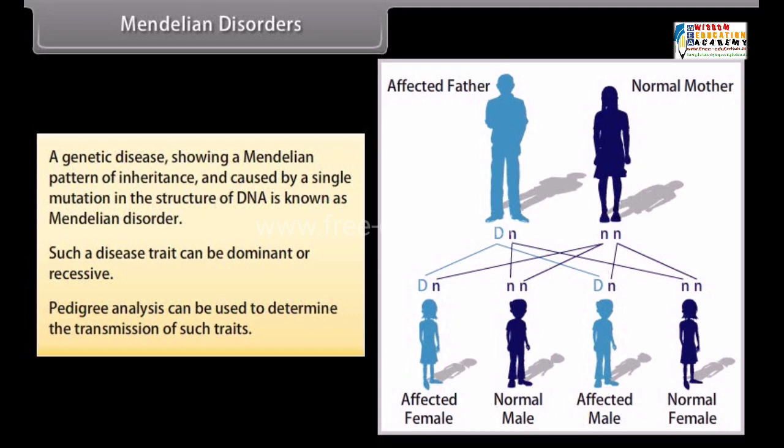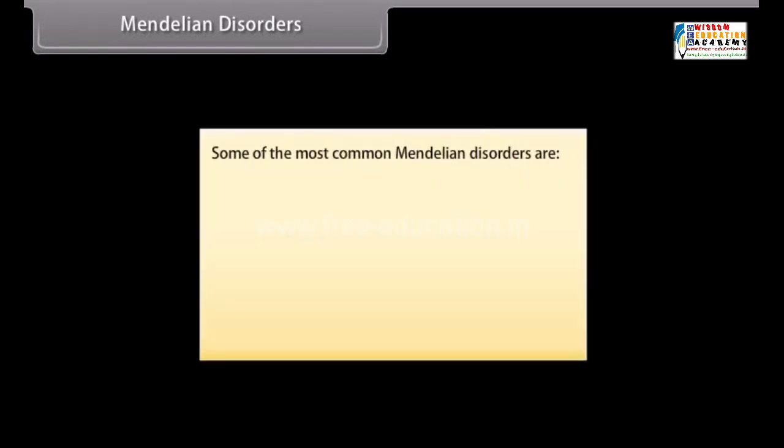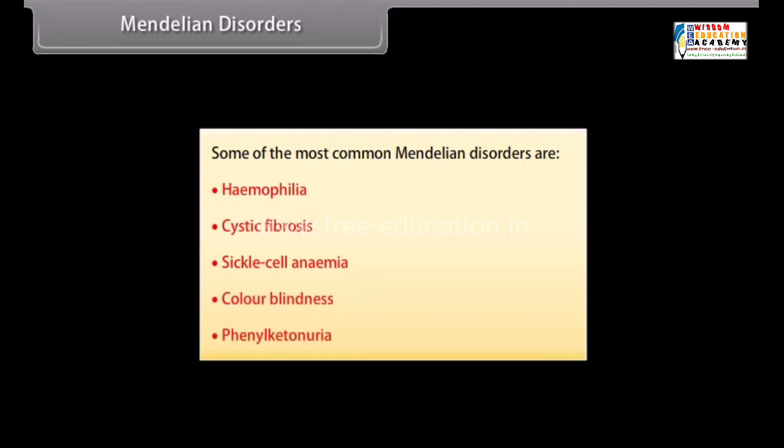Pedigree analysis can be used to determine the transmission of such traits. Some of the most common Mendelian disorders are hemophilia, cystic fibrosis, sickle cell anemia, color blindness, phenylketonuria.